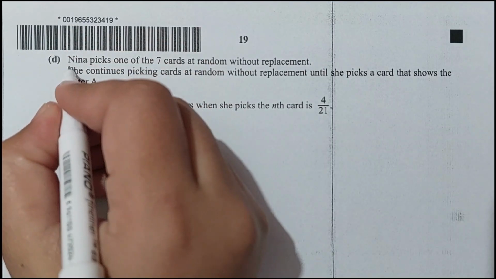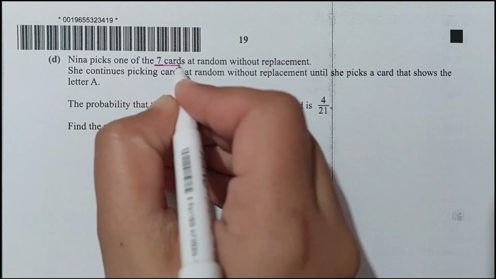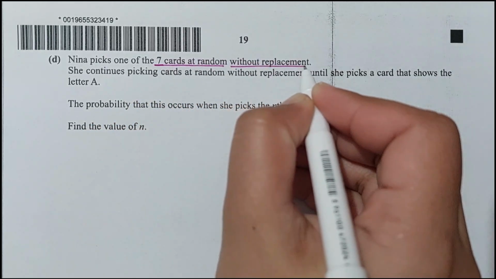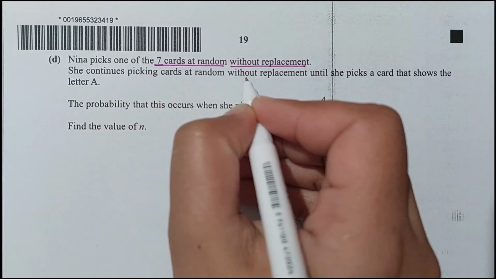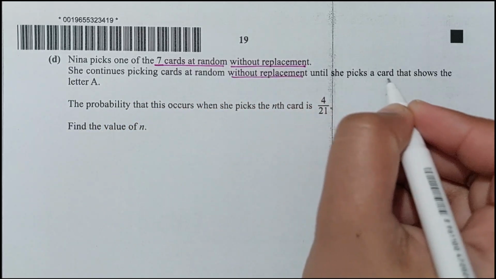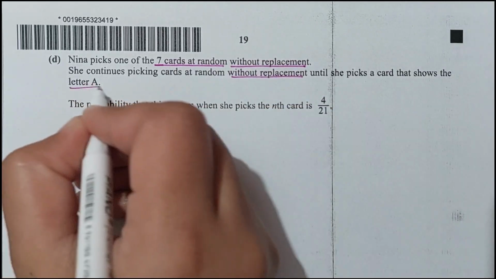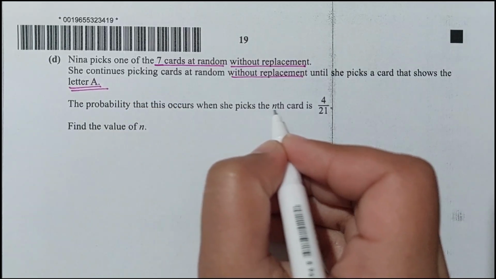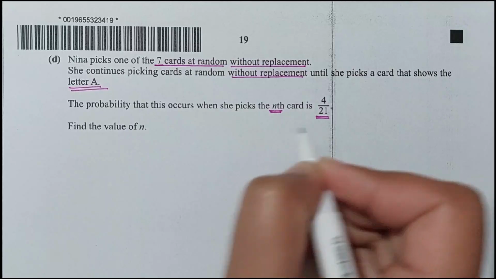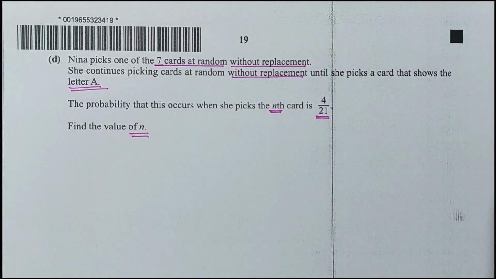Now for part D, Nana picks one of the 7 cards at random without replacement. One card she picked. She continues picking cards at random without replacement until she picks a card that shows the letter A. The probability that this occurs when she picks the nth card is 4 over 21. Find the value of n.